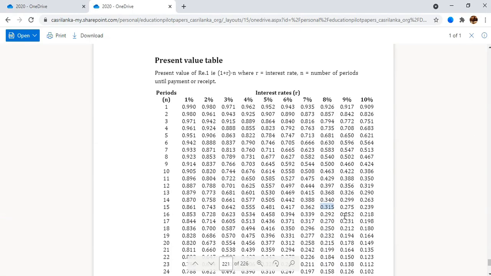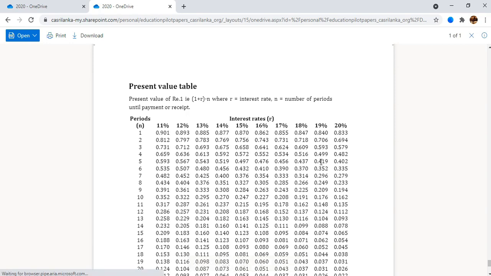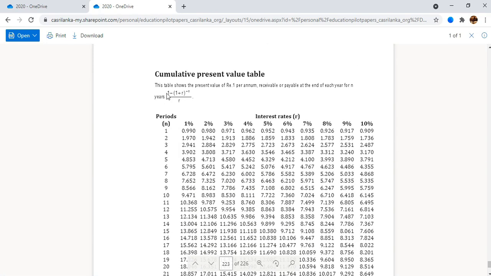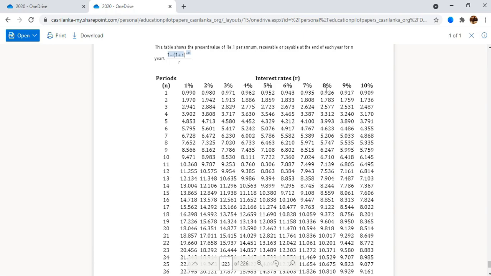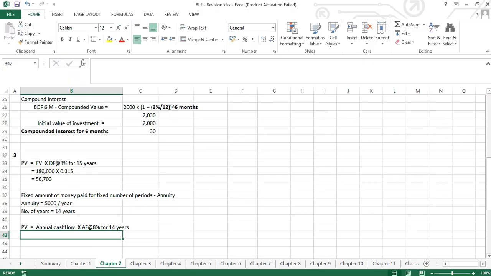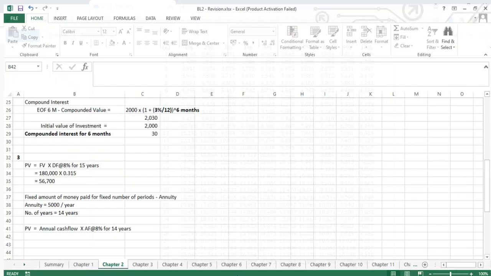The annuity factor table is represented by a different formula, which is this. It's the cumulative present value table with this type of formula. So 8% at the end of 14 years is 8.244.